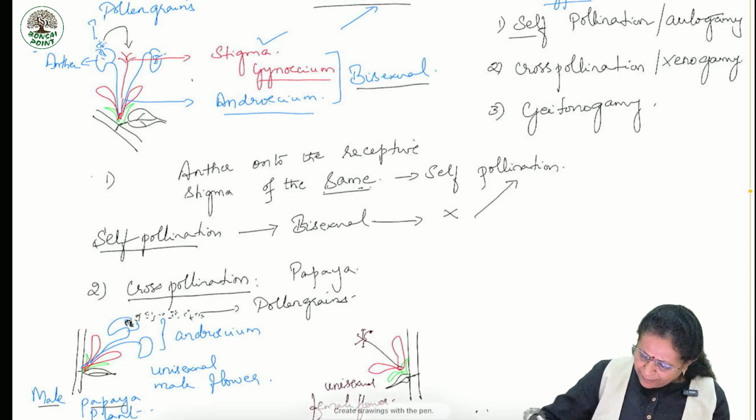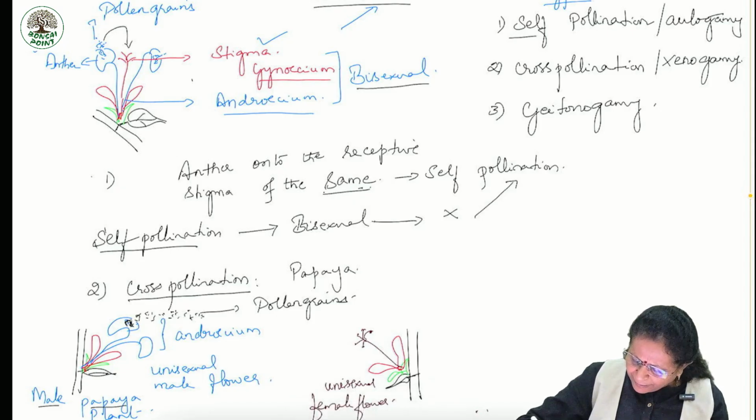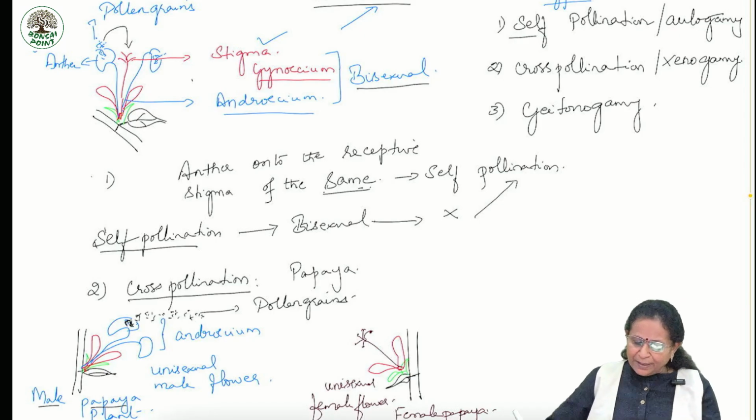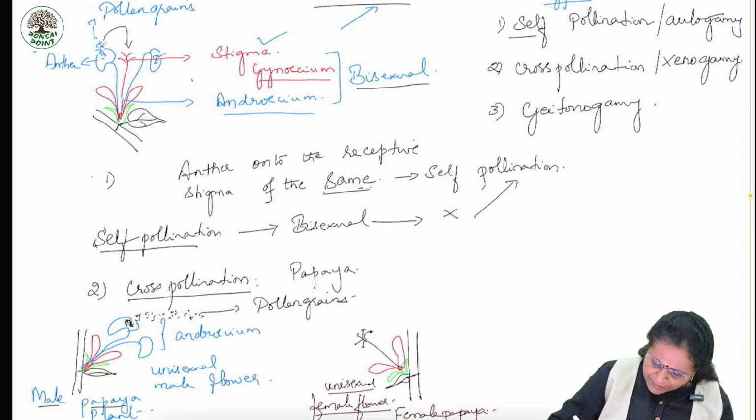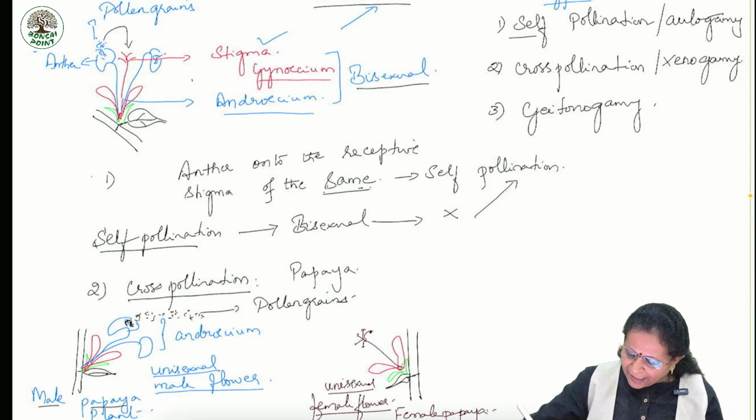This is the female papaya plant. This is what? Unisexual female flower. This is unisexual male flower. This has androecium only and this has gynecium only.